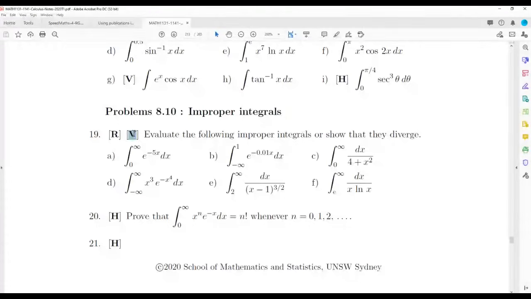All right, so I know this one says V for video, but I thought I would do F here. F is a nice one because it actually combines the ideas we've just learnt with substitution.